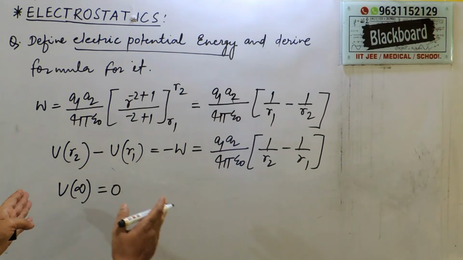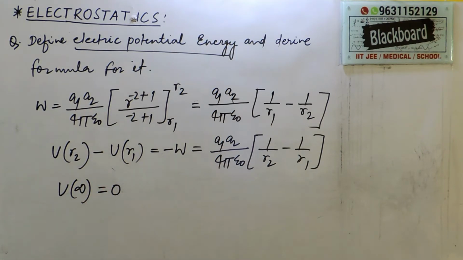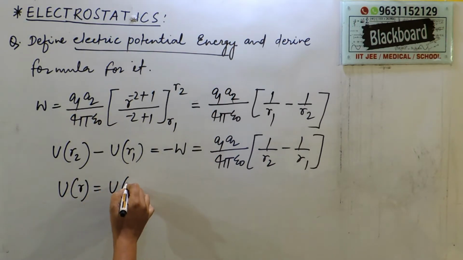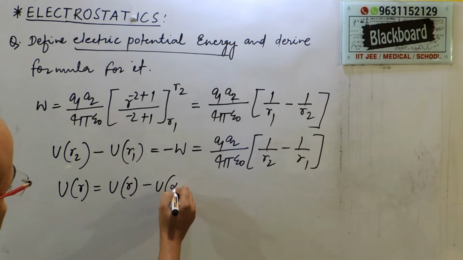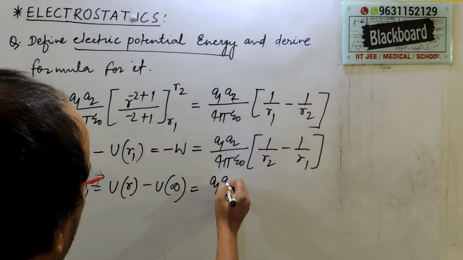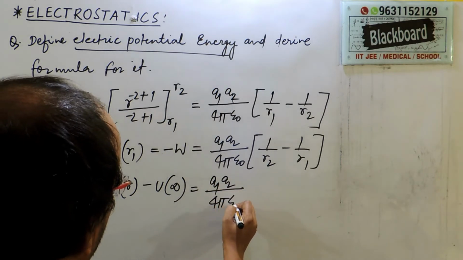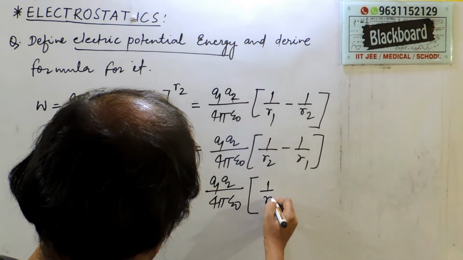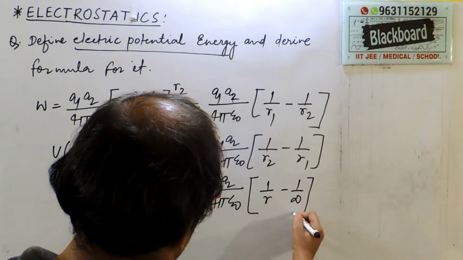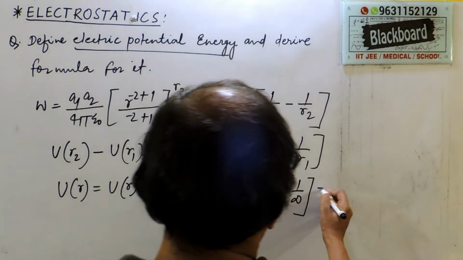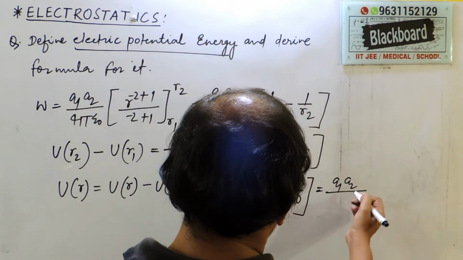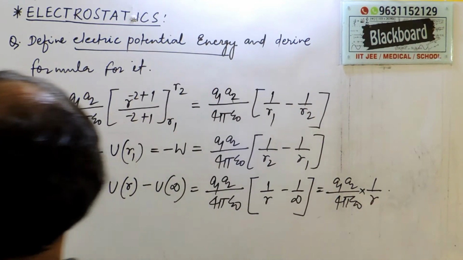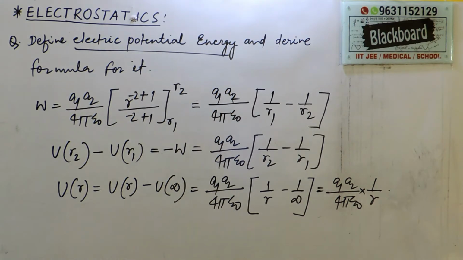The potential energy when the separation is R: U(R) equals U(R) minus U infinity, which is Q1 Q2 by 4 pi epsilon naught into 1 by R minus 1 by infinity. 1 by infinity tends to 0, so you can write Q1 Q2 by 4 pi epsilon naught into 1 by R. This is your potential energy.